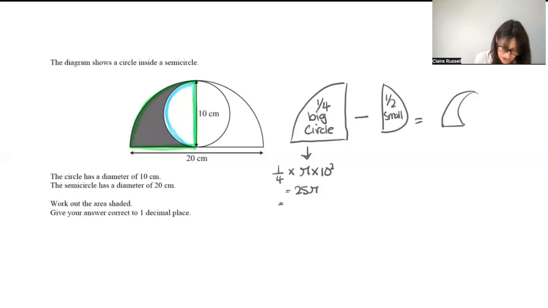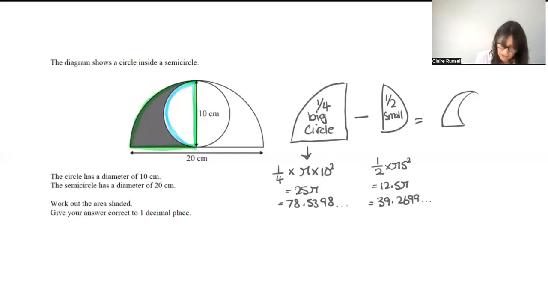If you've already changed it at this stage to a decimal, it's going to look like that. I want a half this time of pi. r is 5 squared. That's going to give me 12.5 pi, or 39.2699, and on it goes.